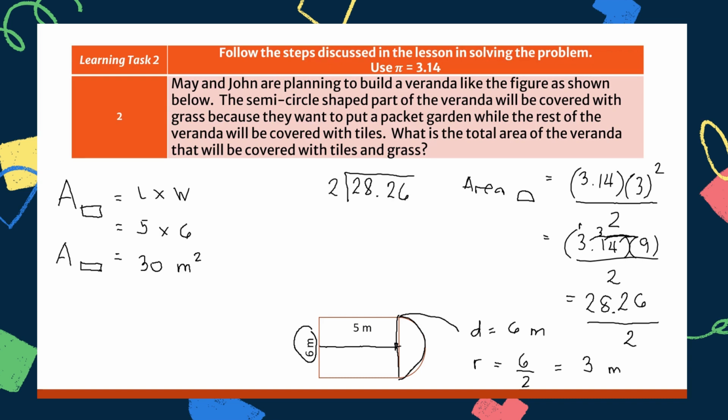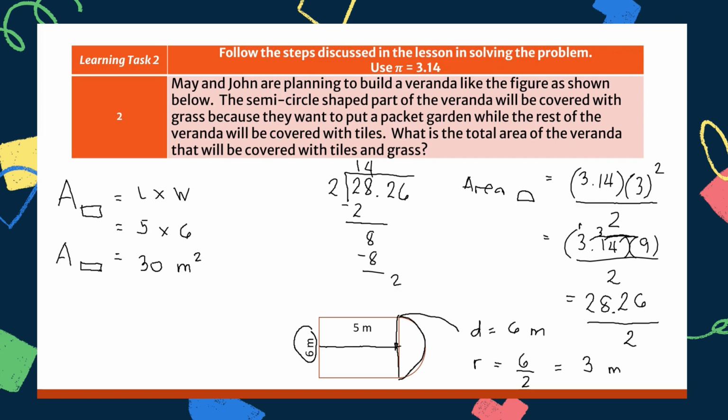At first, we have 2 divided by 2. It is 1. 1 times 2 is 2. Subtract 2 from 2. Of course, the difference is 0. Bring down 8. 8 divided by 2 is 4. 4 times 2 is 8. 8 minus 8 is 0, then bring down 2.